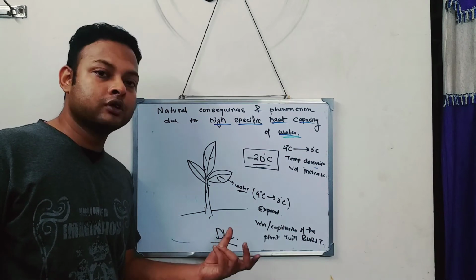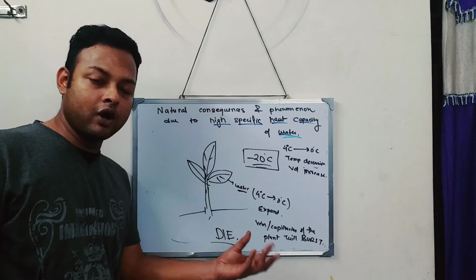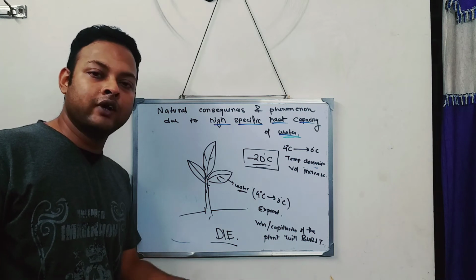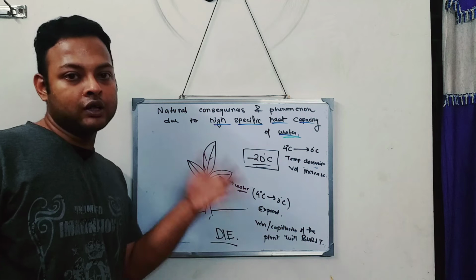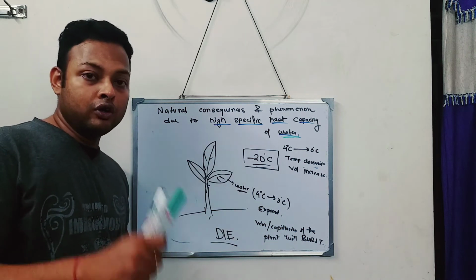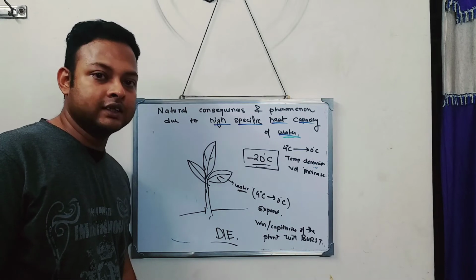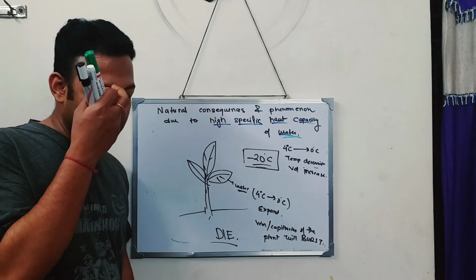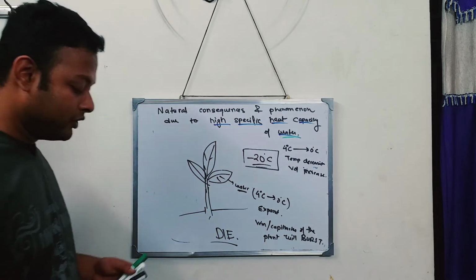All the crops will die or not? Because the water inside the veins of the plants will expand, and that will burst all the veins and capillaries of all the crops, and eventually all the crops will die out. So the farmer will be in a big loss for that season. So to avoid the plants dying out, what do we do?